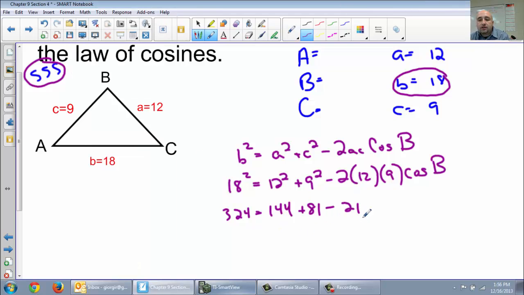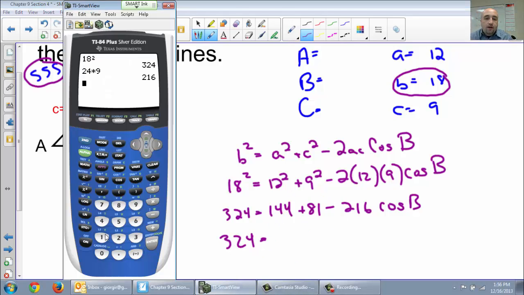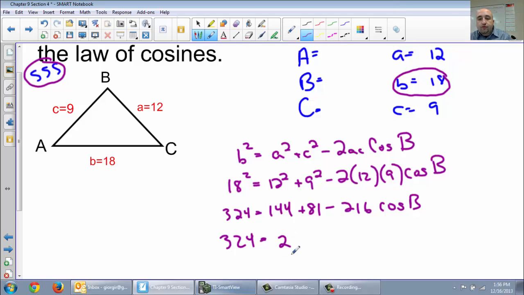So minus 216 cosine of B. This one entails much more algebra than the last one. Okay, so let's keep going. 324 equals 144 plus 81. 144 plus 81 equals 225. So 225 minus 216 cosine of B.